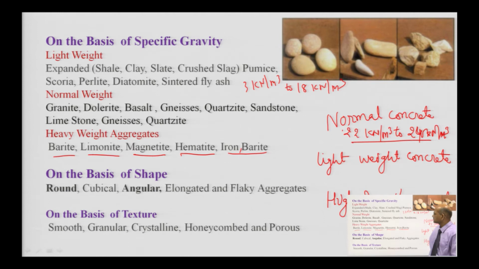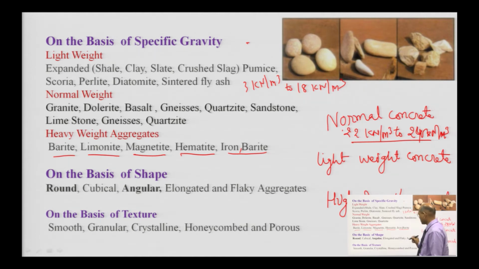So, on the basis of specific gravity, we have three types of aggregate. Similarly, on the basis of shape: round, cubical, angular, elongated and flaky aggregate. This is very important. How is rock made? Rock is made of different types of minerals.